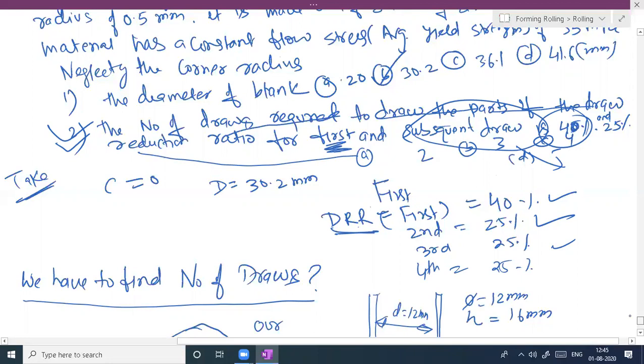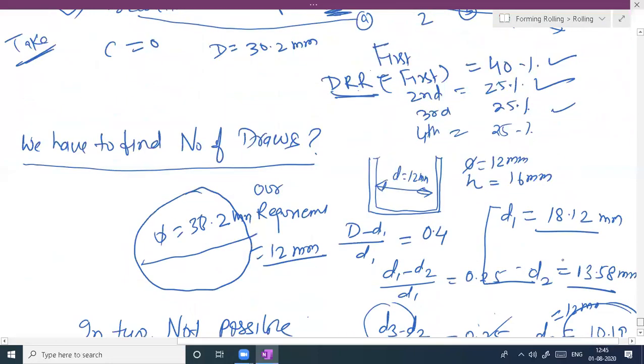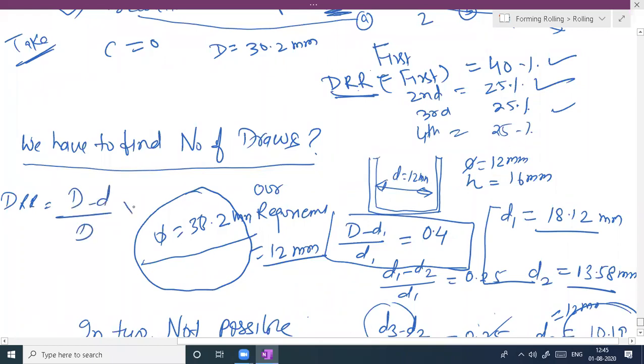And we know the draw reduction formula: draw reduction is (D minus D1) divided by D into 100. Here D is the blank diameter, and D1 is the diameter after the first draw.